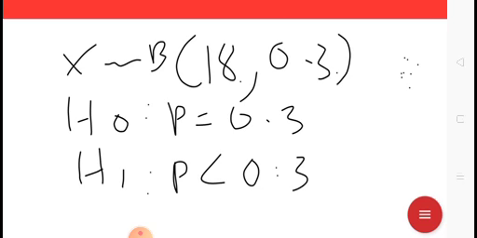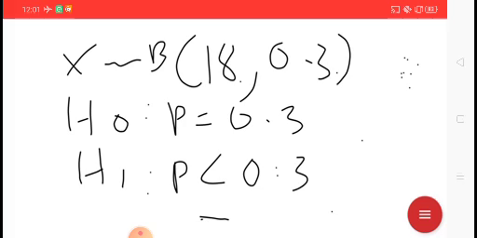Why smaller? Because his friend thinks that the probability is less than 0.3. Smaller means you need to test the lower tail. The test value will be 2 because you found 2 cars.